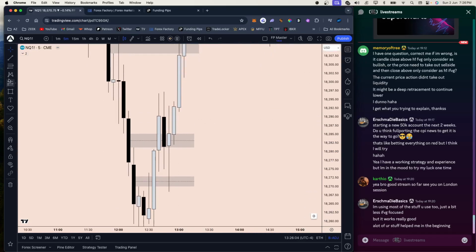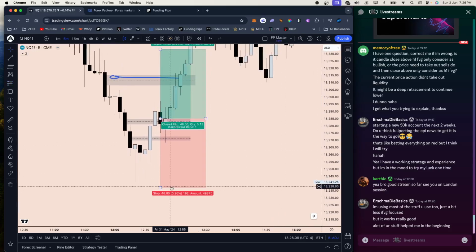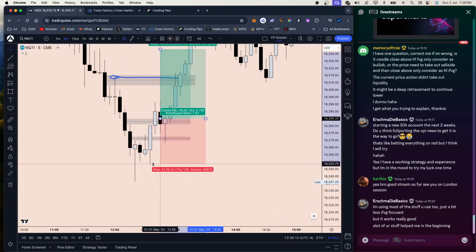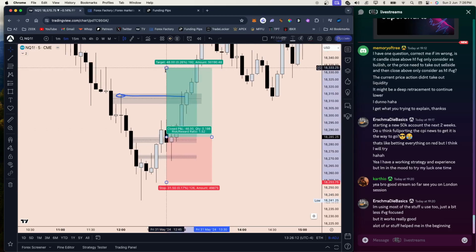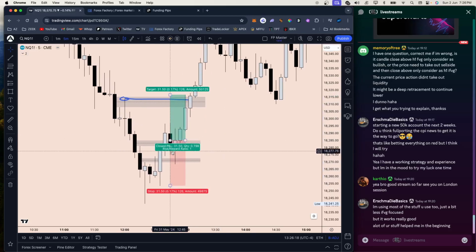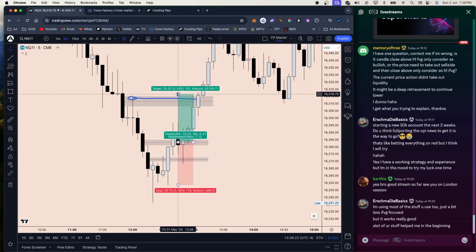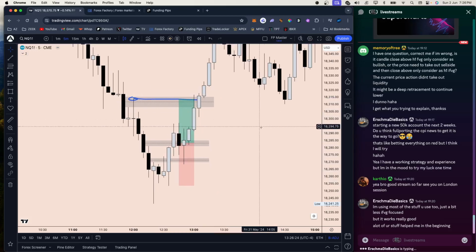Then I placed my limit order right here, with my stop loss at this low and target at a 1-to-1. I think I actually entered at the 50%, and it turned out to be a perfect 1-to-1.